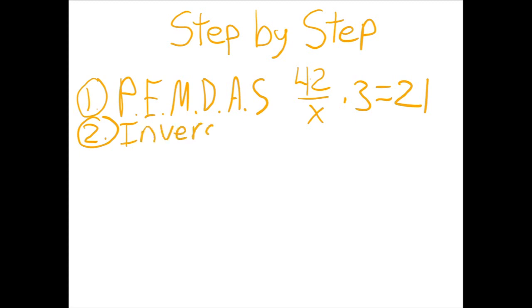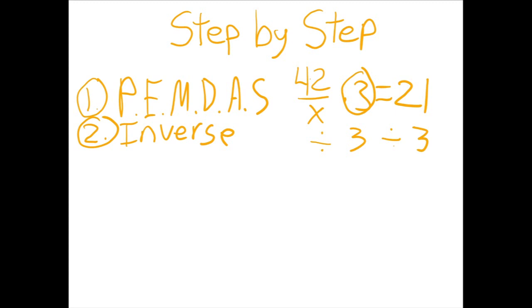In this case, we're going to start with the times 3. The inverse of multiplying by 3 is dividing by 3. When we divide that 3 away, we do the same thing to both sides of the equation. So when I divide a 3 from the left, a 3 goes away from the right.